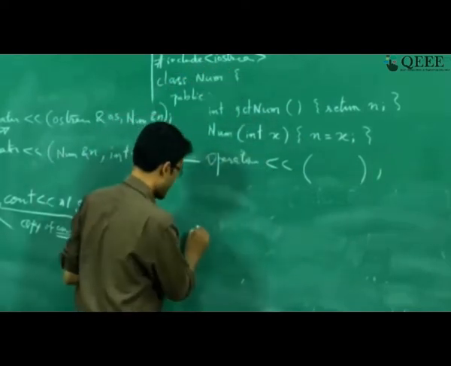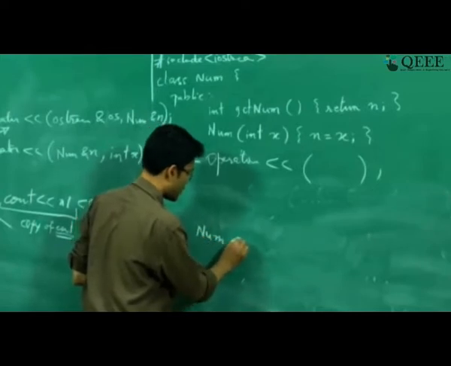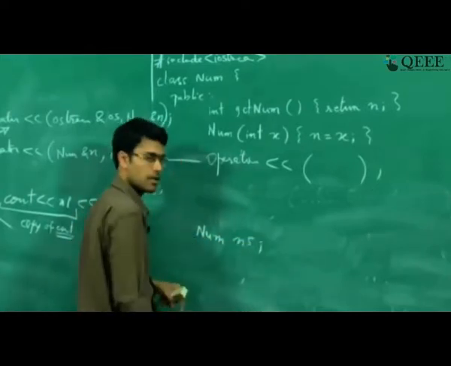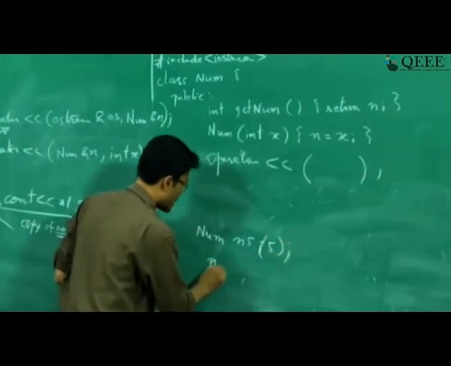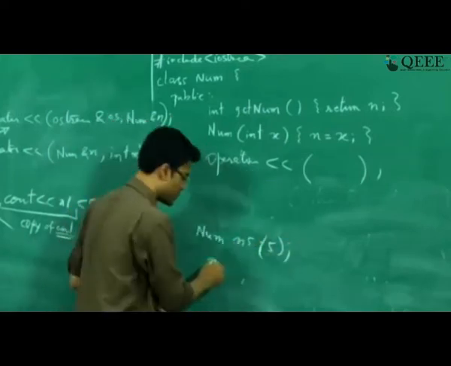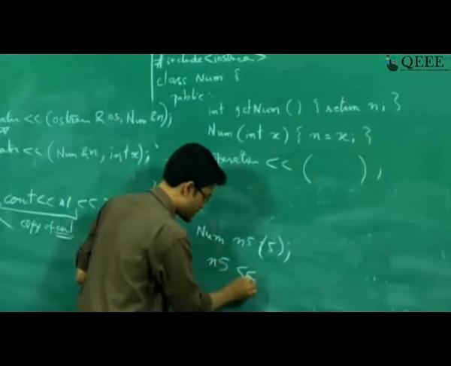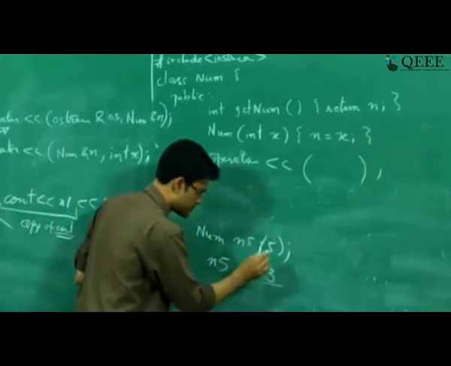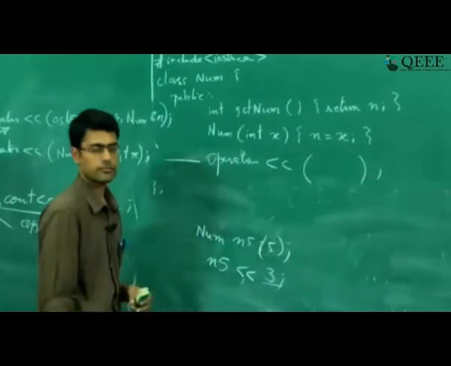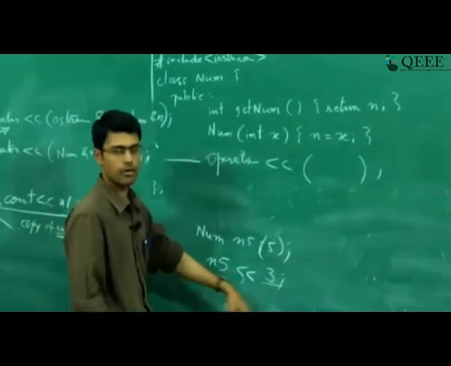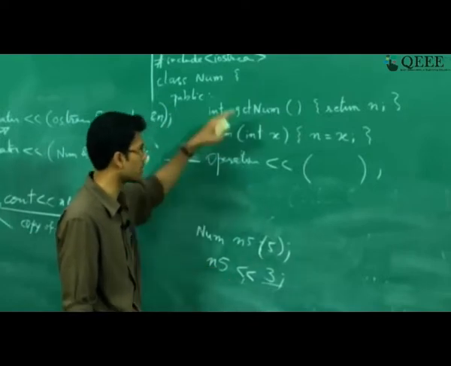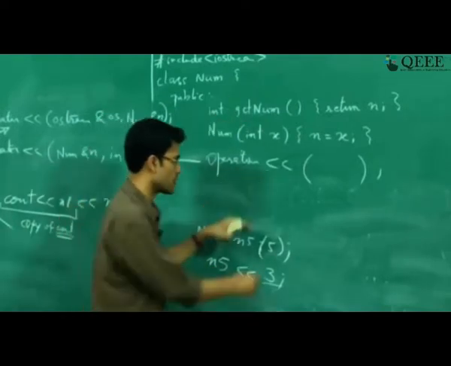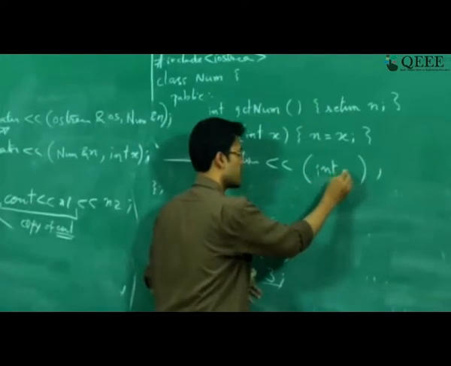If I have a variable of type num, n5, the way this left shift operator is going to get invoked is n5 left shift and some argument, let's say 3. There is no mention of cout here, right? Because there is an implicit argument of the type num which needs to be invoked. So let's say that this has to be int x.